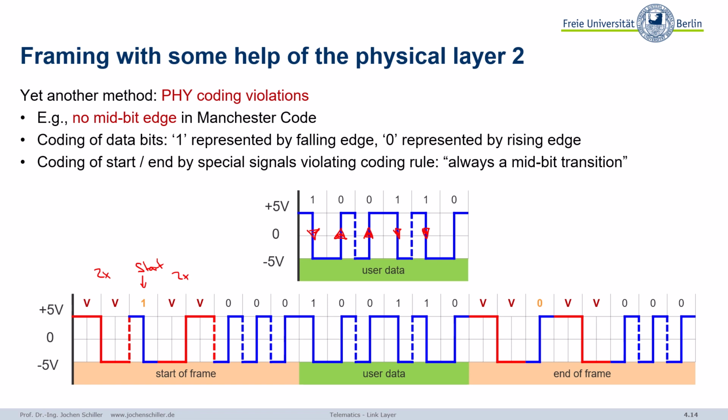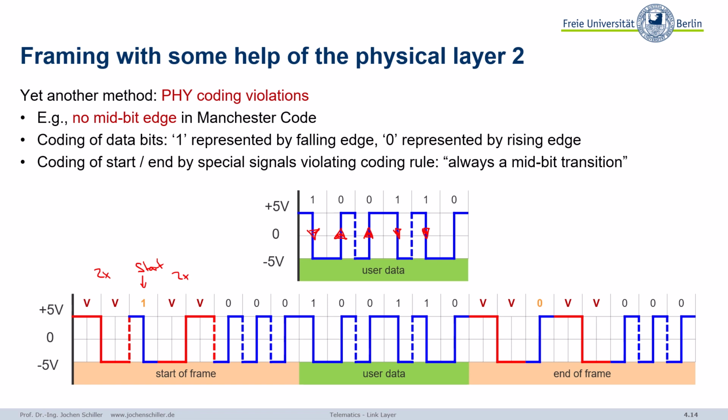And as we violate our coding rules, the receiver will see, okay, now this is something special, because usually the sender knows how to do this Manchester encoding, but here we violate the code. This tells the receiver something special happens. It's always a question, how can we tell the receiver that now there's something special going on?